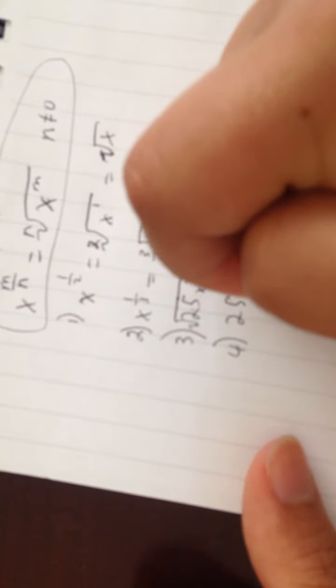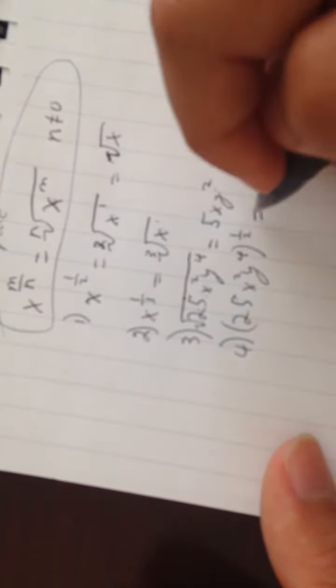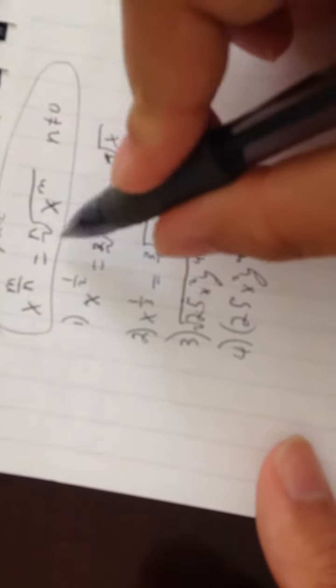Now say you were given a problem of 25x squared y to the 4th, all to the 1/2. This is the same exact problem as number 3, based on this rule.